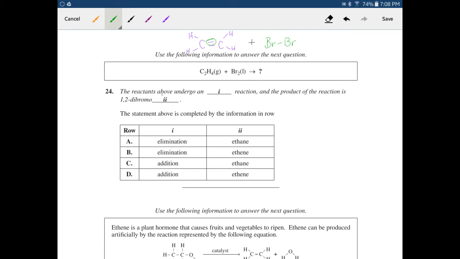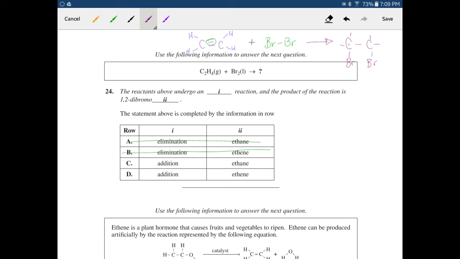It says the reactants above undergo a blank reaction. Well, we just said an addition reaction. I'm going to cross A and B right out, get them out of my head. Okay, and the product of the reaction is blank, or 1,2-dibromo. And now, since we know that we broke this bond, we're going to get 2 bromines added in, and the rest of them are hydrogens.